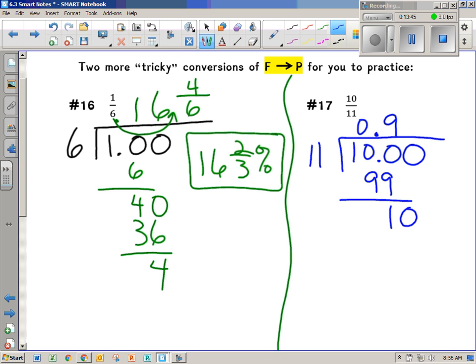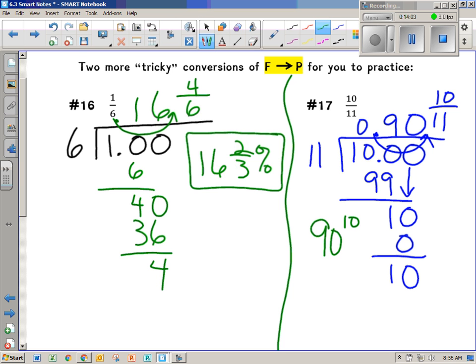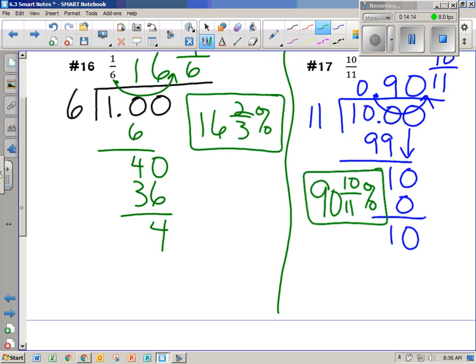Bring down your 0. 11 into 10 goes 0 times. 0 times 11 is 0. So I get a remainder of 10. So put your remainder over your divisor, shift your decimal, and your answer is 90 and 10/11%. This one, if I'd kept going, would have been one of those decimals that just kind of kept giving and giving and giving.